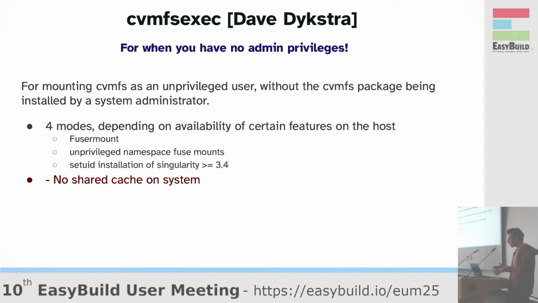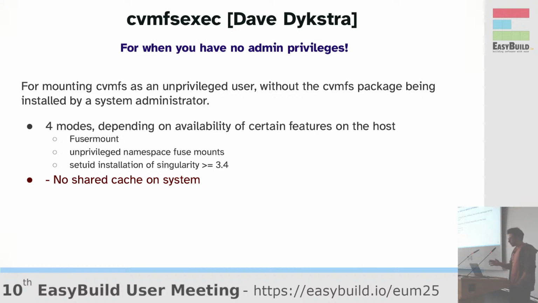Basically, CVM-FS exec will download the CVM-FS packages in a directory that can be accessed by the user, then mount CVM-FS somewhere that can be accessed by the user, and then try to make sure that the process you want to run actually has seized on the mount point at /cvmfs.